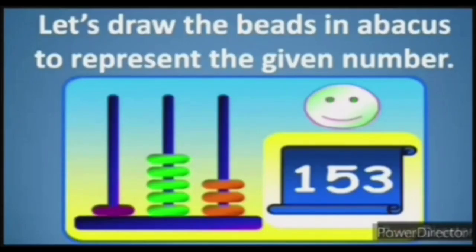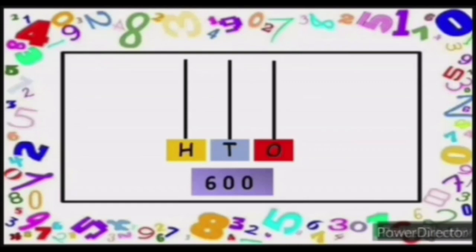Now, let's learn how to draw beads in an abacus to represent the given number. Can you see the abacus? Now, we will draw the beads. Here is the 3-digit number. Look at the ones place. Which digit is written? 0. So, we should not draw any beads. Where there is 0, no bead.